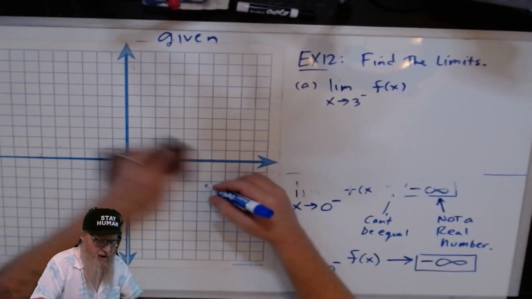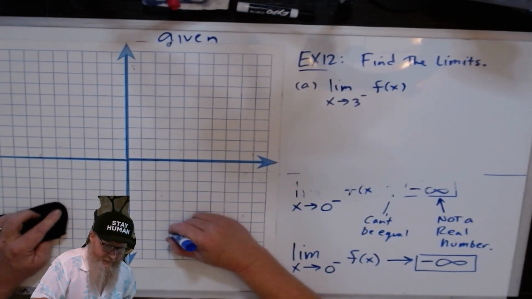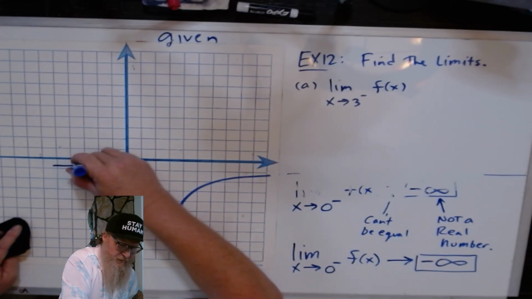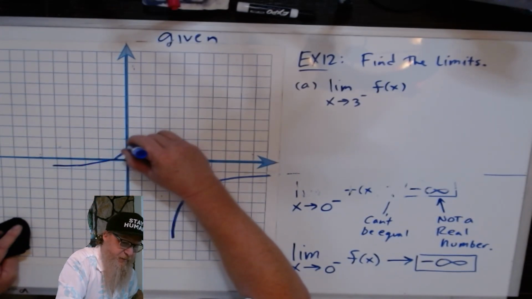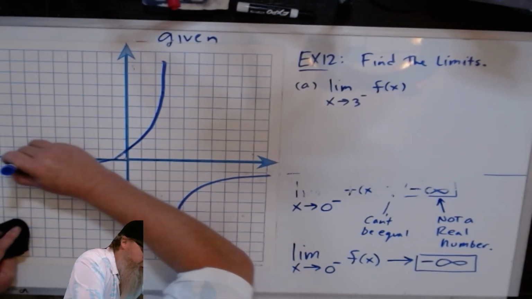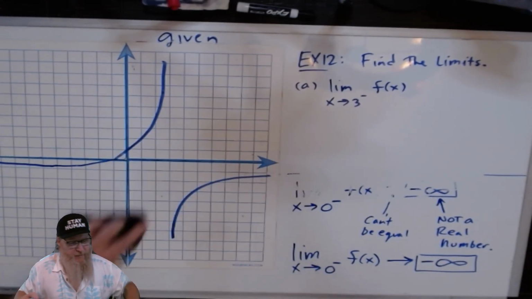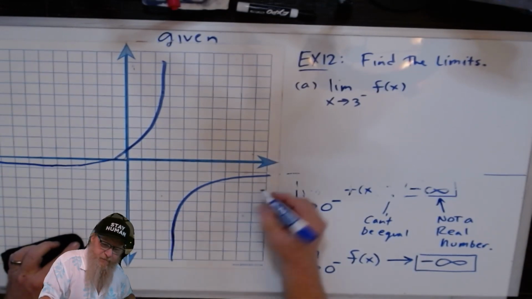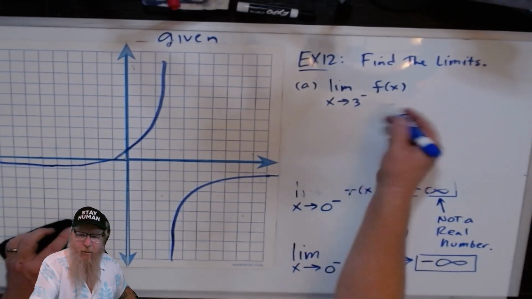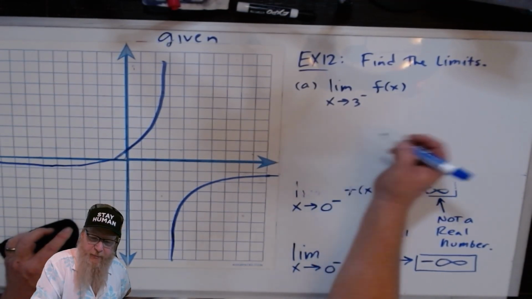So I'm going to give you a graph, and this is what it'll look like on the screen. I will tell you where I want the limit to be.